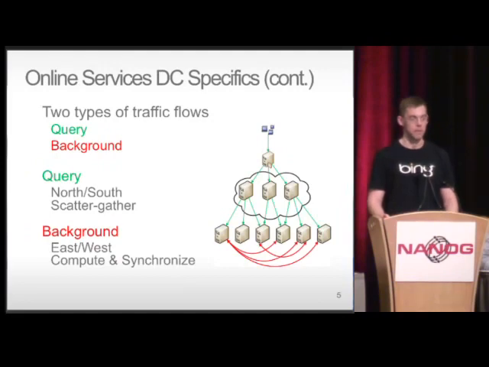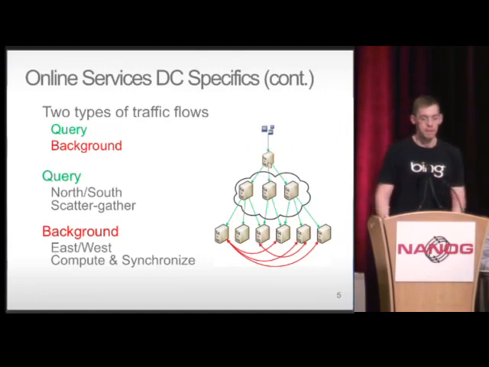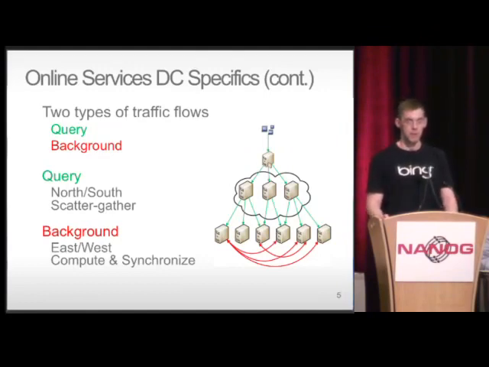Background traffic is the majority of all traffic that does all the work, such as web index computation or mailbox moves. Background is the majority of all traffic in our data centers. It's a heavy bulk flow, and it runs from server to server, or in other words, as we call it in the industry, east-west.